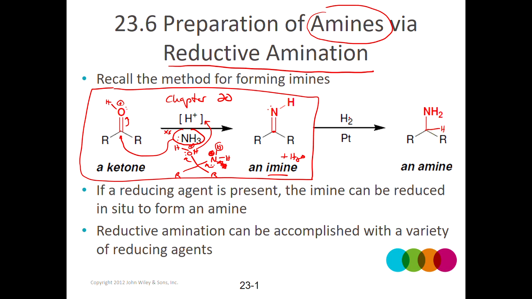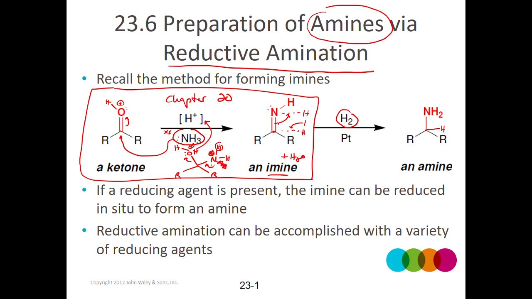So the idea here is some kind of reducing agent. The simplest example we could probably think of would be a hydrogen molecule, because the nitrogen can pull these electrons away from the carbon and bond to a hydrogen here, while these electrons come in and bond here.